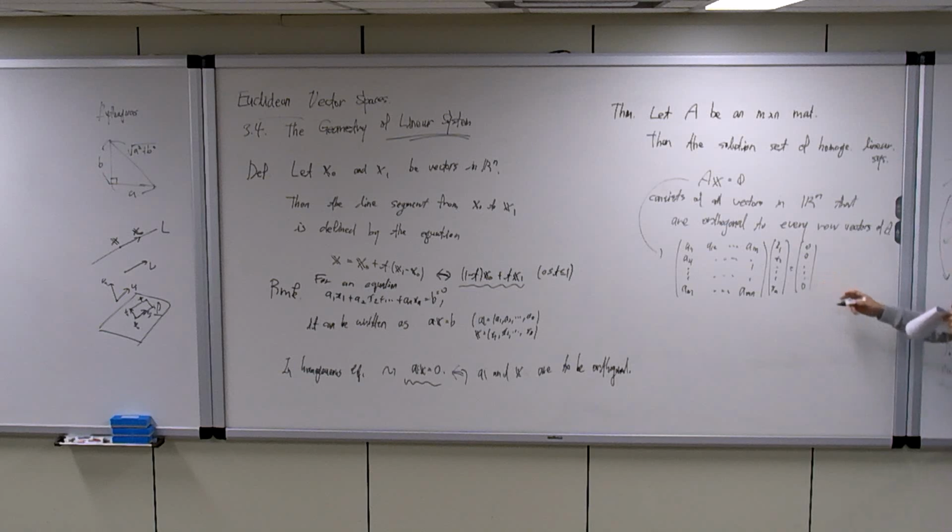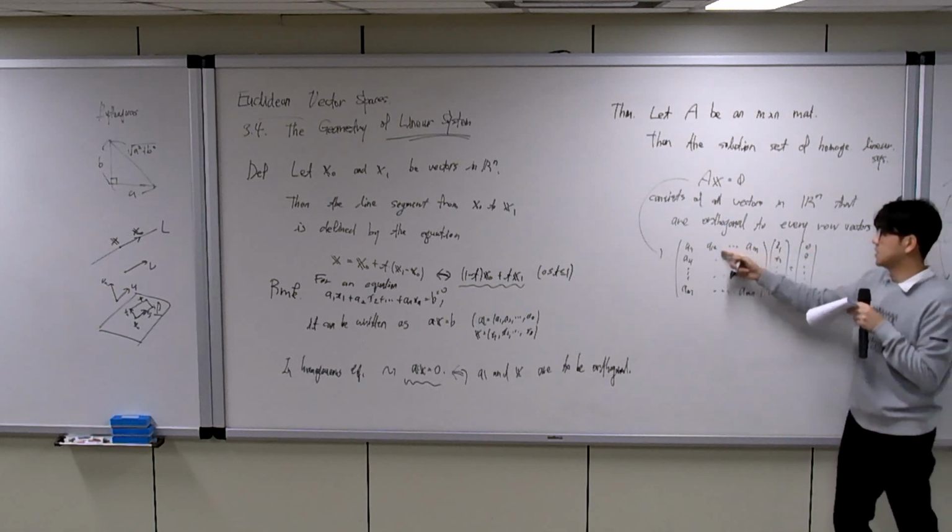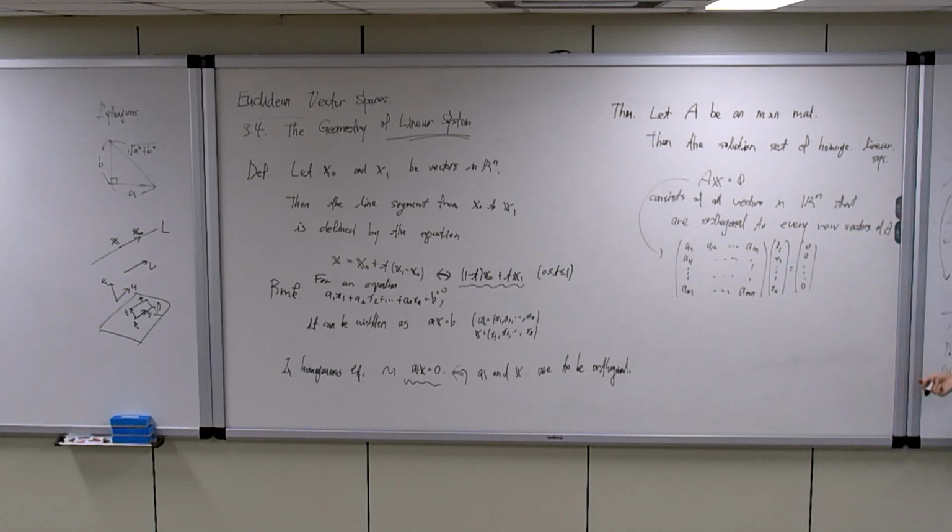So for all row vectors, the solution vectors will be orthogonal to all row vectors.